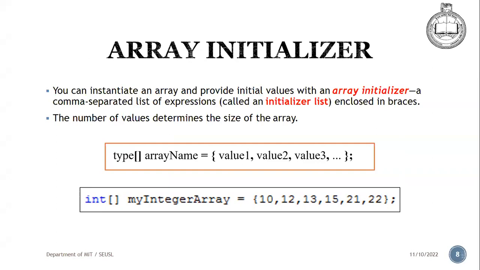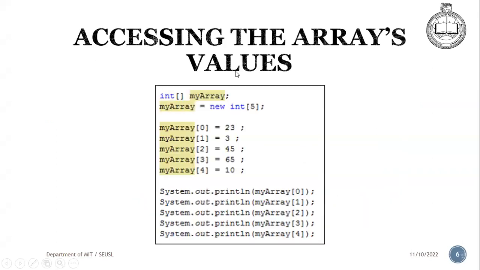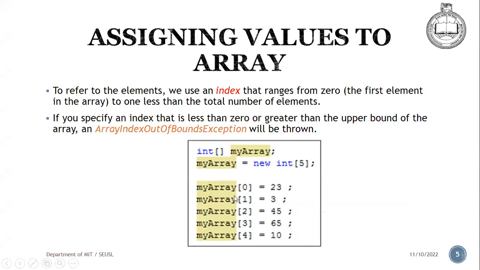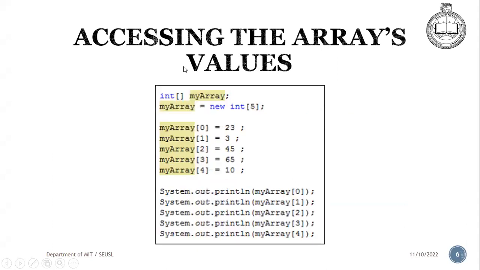So all this time we have studied how to create an array. When you create an array, normally you declare the array and then initialize the array variable. Then you can assign the values to the array. If you want to access the values, you can use the printing statement.